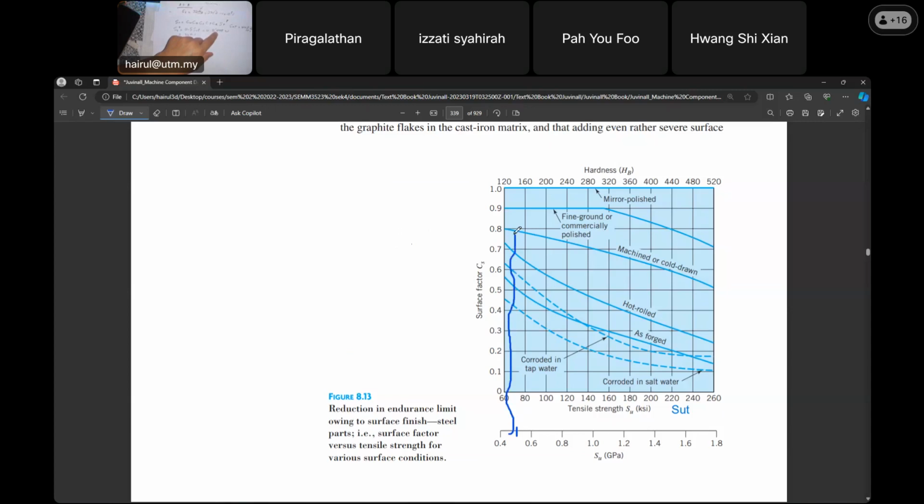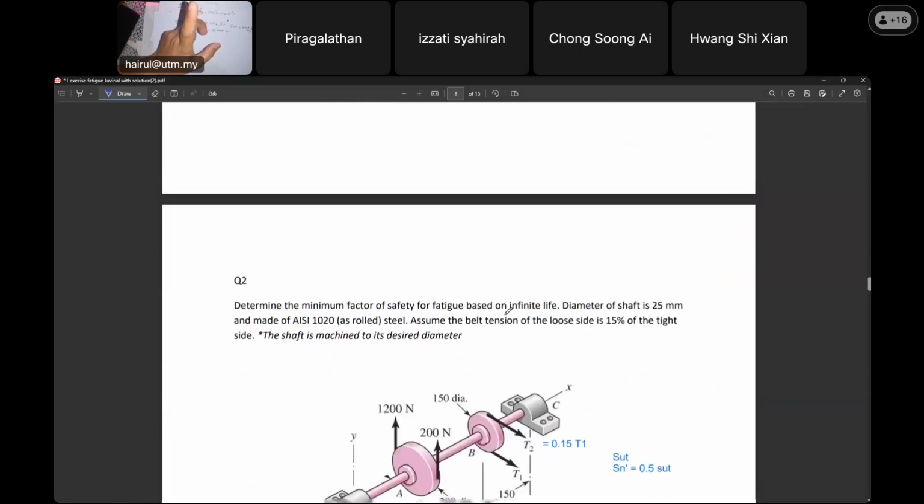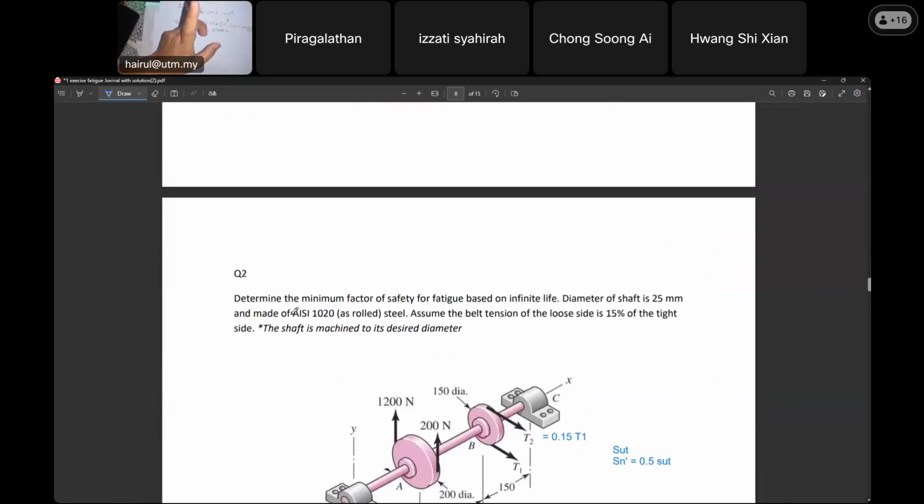Class, are you watching? Yes, doctor. Somewhere between 0.45 and 0.5. You bring the straight line up until it intersects with the machine line, because it is always machine unless stated otherwise.